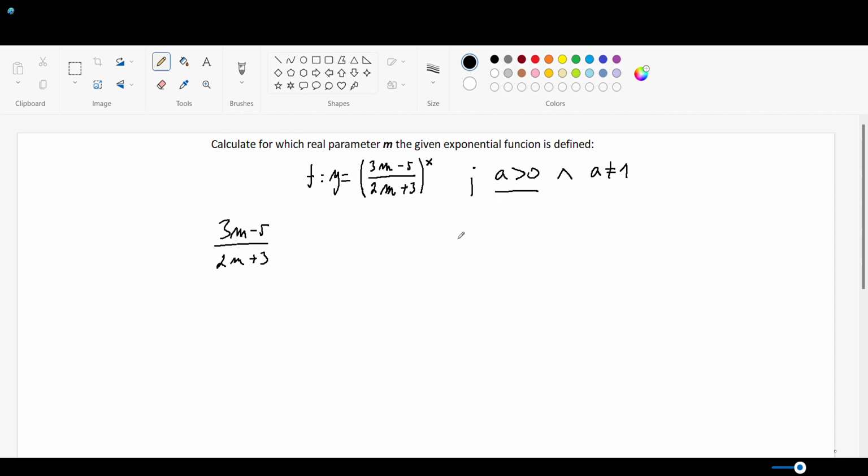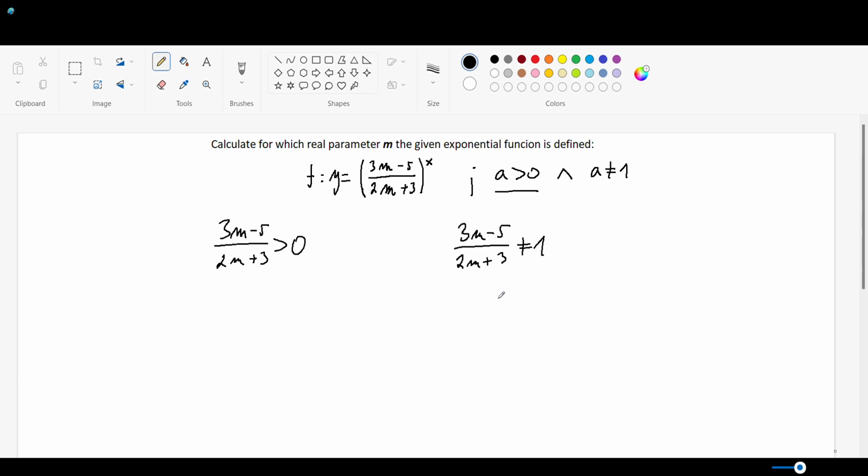From the first condition, we'll be solving the inequality such that our expression is greater than 0. And the second condition we'll be solving is that 3m minus 5 over 2m plus 3 is not equal to 1.